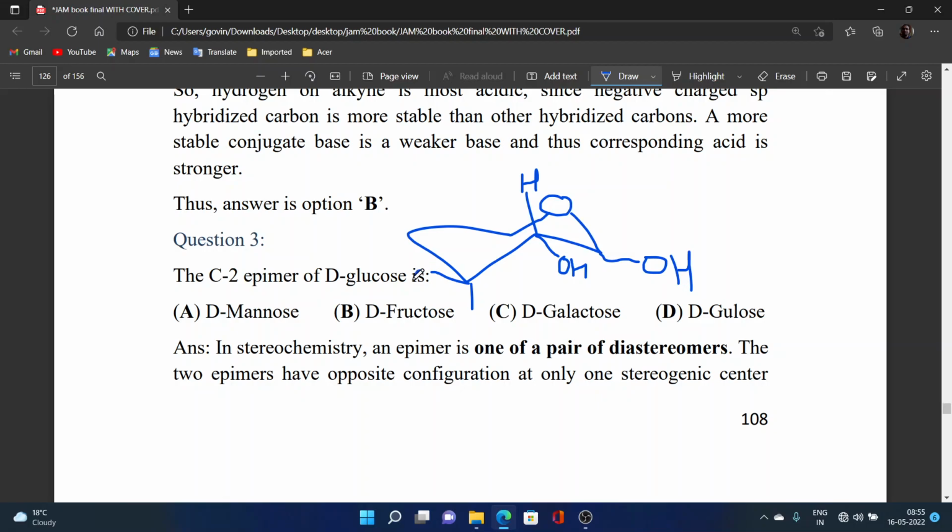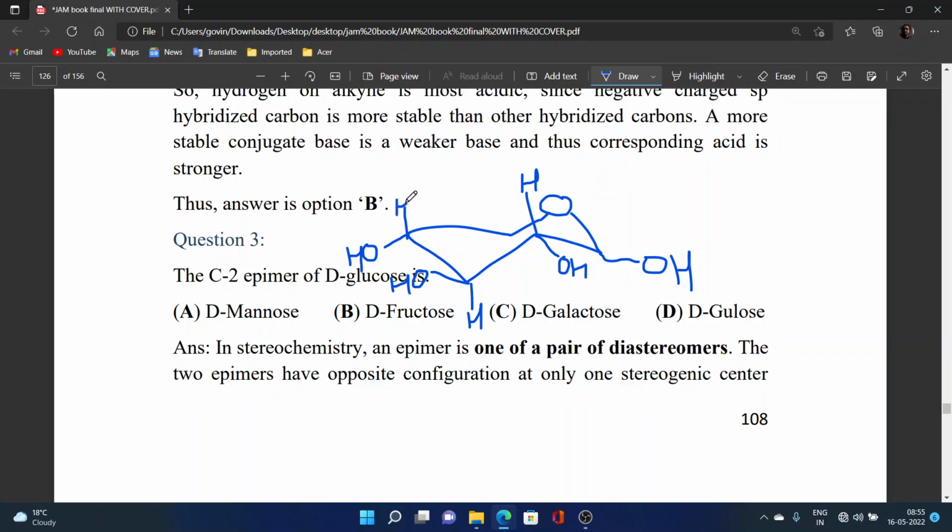This OH will again be in the equatorial position and H will be in the axial position, right? Similarly, here again this is the equatorial position, this is the axial position. Because it is glucose, it is easy to remember: the bulky OH will be in the equatorial position, which is sterically more stable, and hydrogen comes in the axial position.